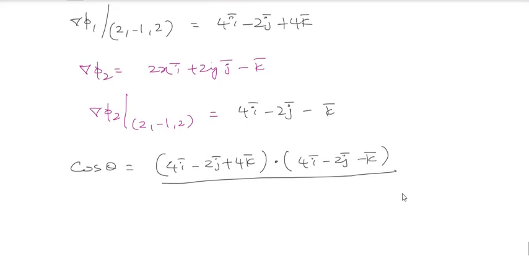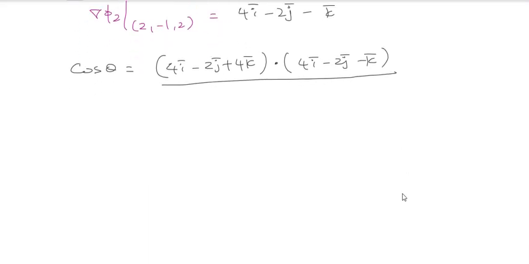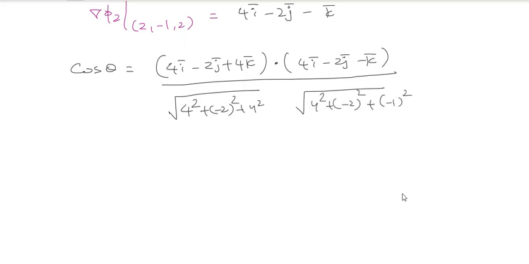4i bar minus 2j bar minus k bar, divided by root of 4 squared plus minus 2 whole squared plus 4 squared, into root of 4 squared plus minus 2 whole squared plus minus 1 whole squared.